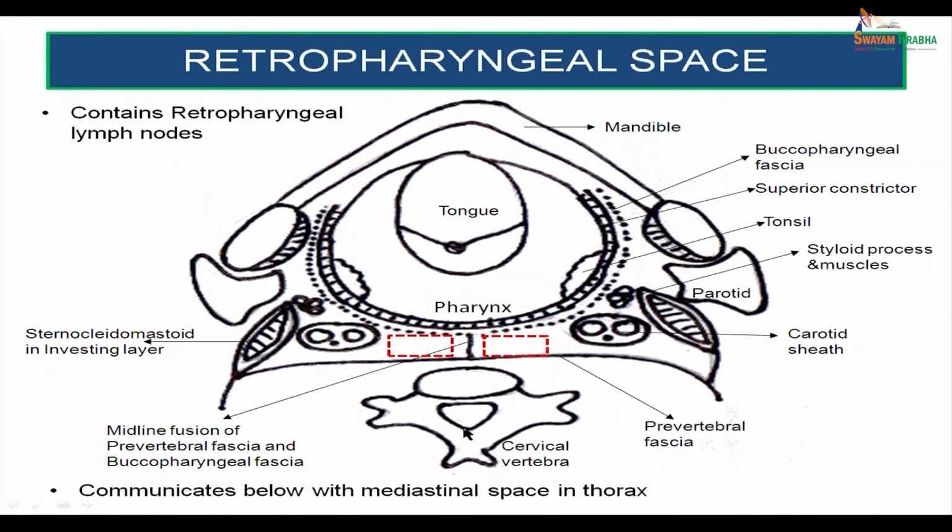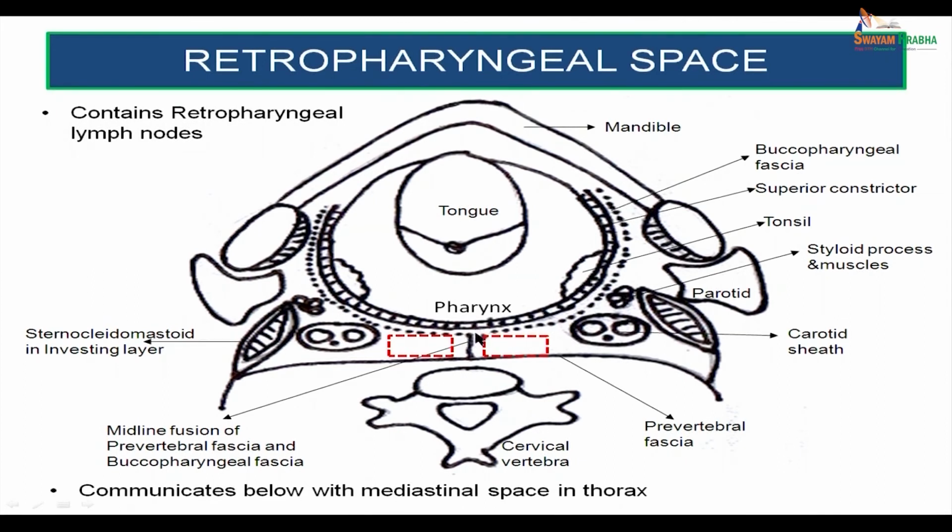So, let us understand this diagram first. Here we have the cervical vertebra. In front of the cervical vertebra, we have the prevertebral layer of fascia, and if we remember, the prevertebral layer attaches in the midline to the buccopharyngeal fascia. So, we can see it here attached.